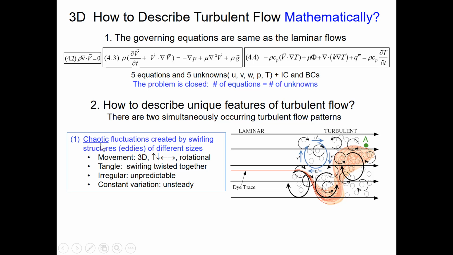These chaotic fluctuations are always three-dimensional, always unsteady, and always unpredictable. It's safe to say that turbulent flow is always three-dimensional and unsteady.